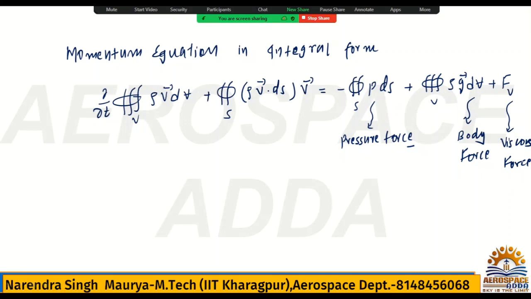Now this momentum equation can also be written in differential form, because this is the integral form.